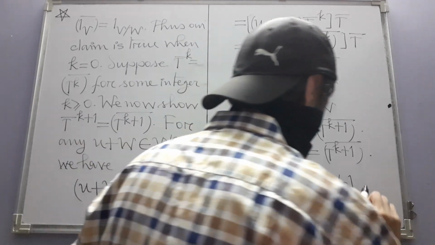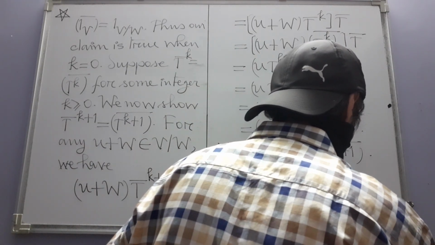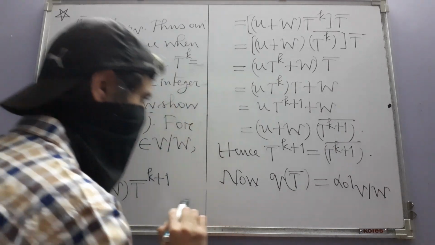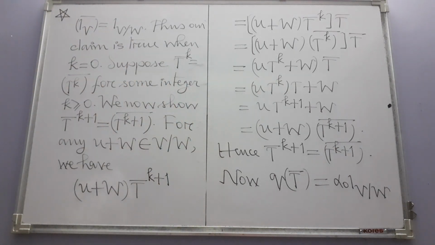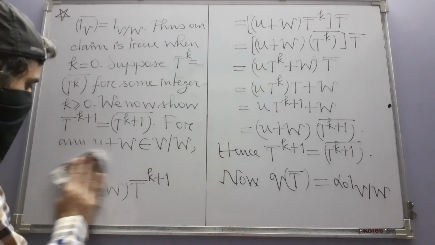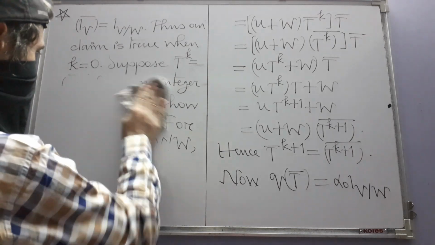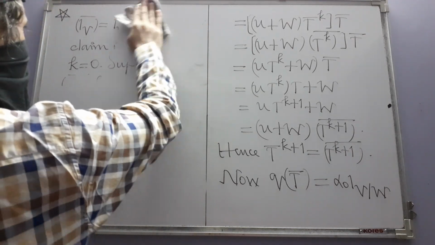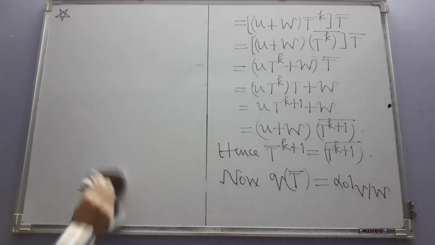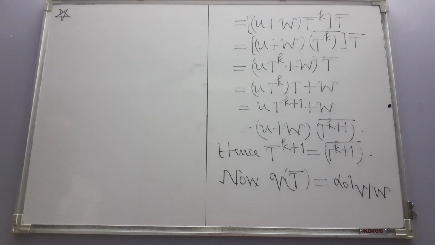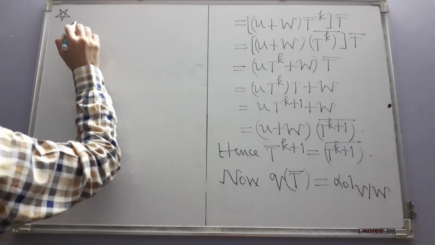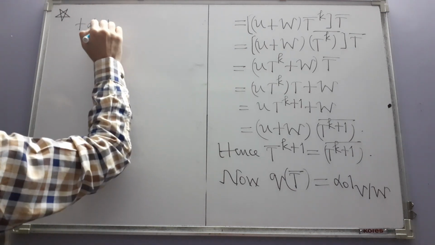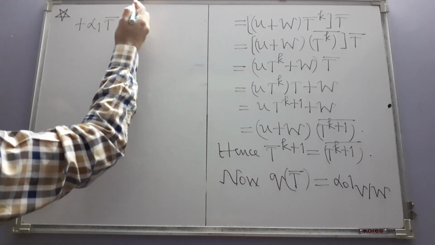This 1 is the identity operator on V slash W, plus alpha 1 t bar to the power 1.